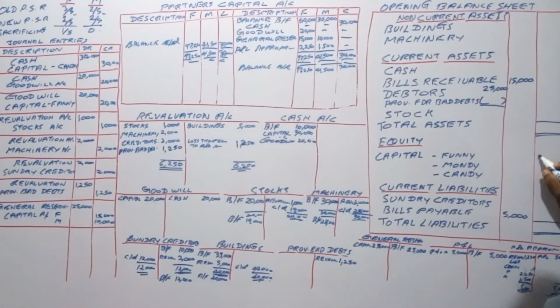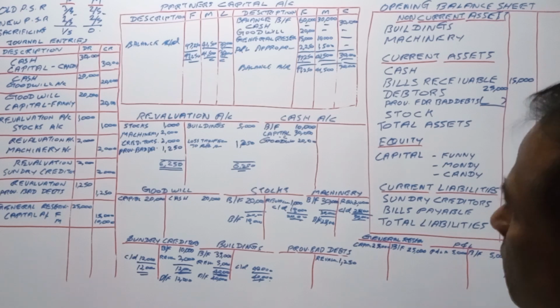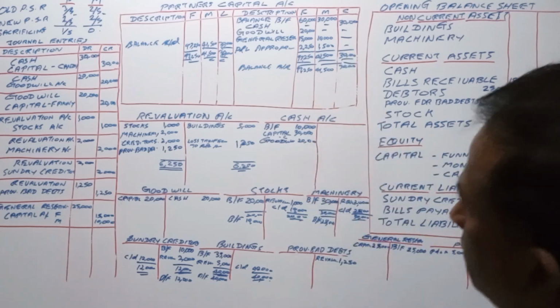Mundi is 30,000. So this balance we have taken.